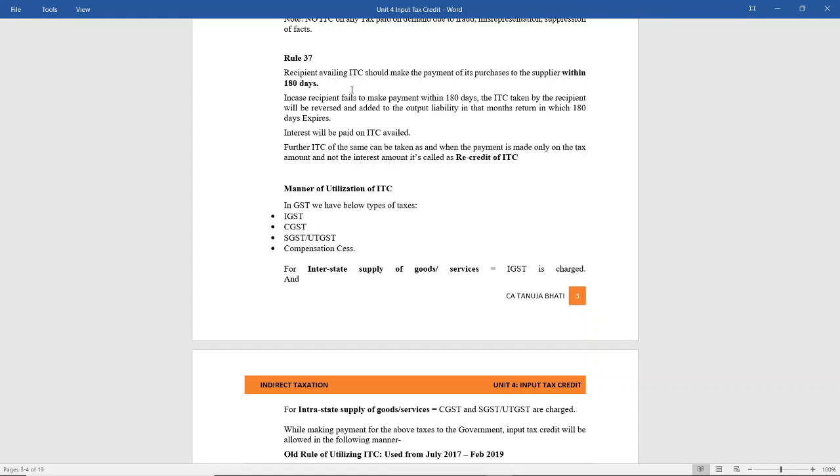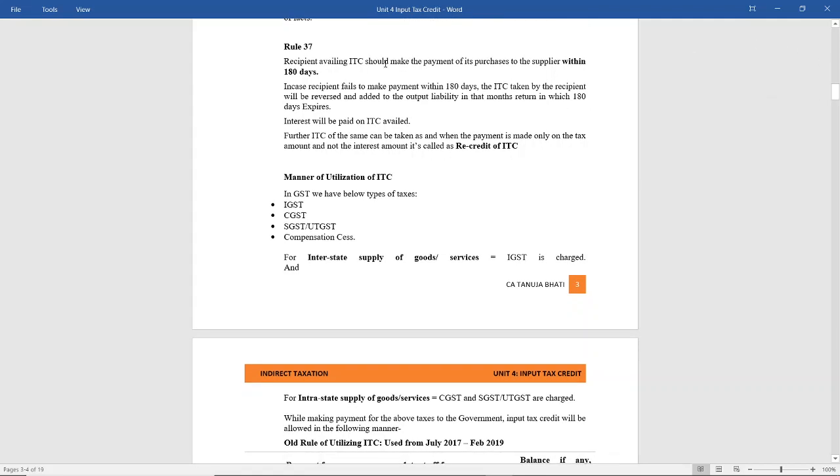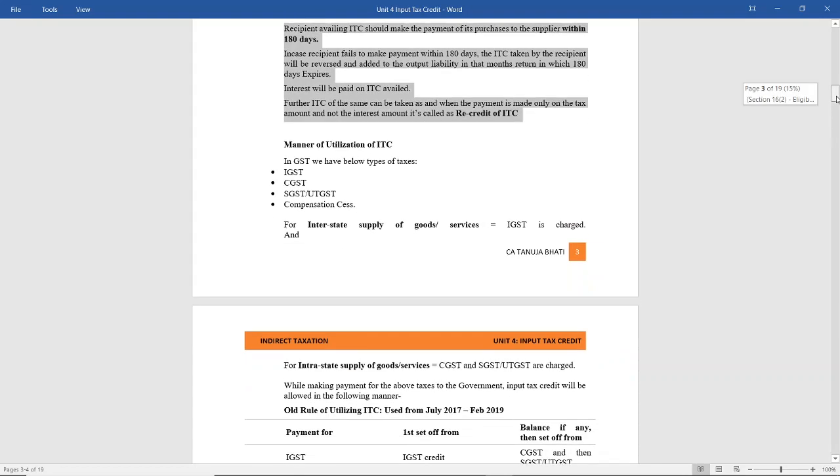Later, whenever I make payment to the supplier, I will again get the recredit of that ITC. So Rule 37 only says that the payment to the supplier should be made within 180 days. If it is not made within 180 days, then the credit taken will be reversed, and later whenever the dealer makes the payment to the supplier, the recredit will be availed.